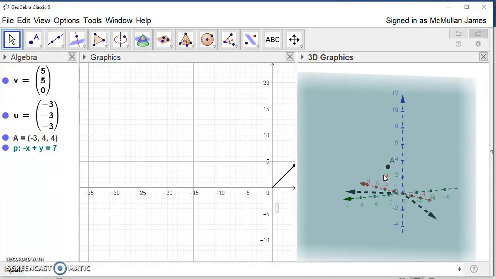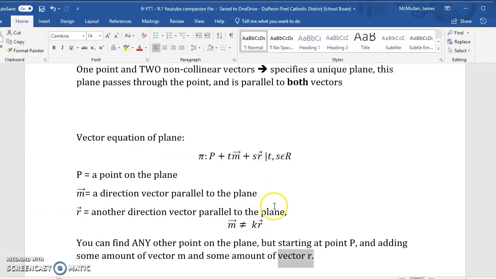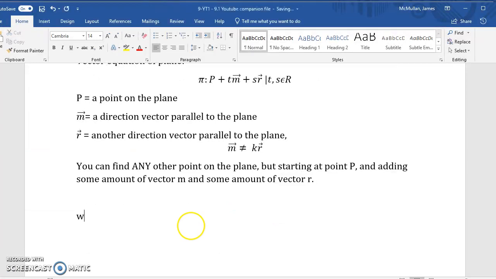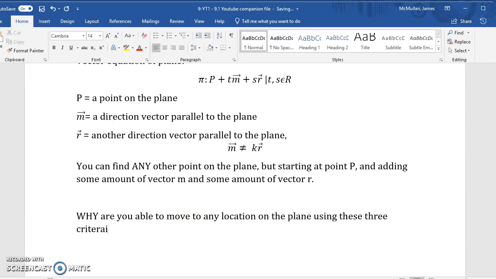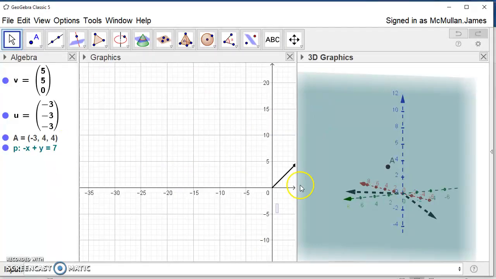This is a bit of a difficult thing to understand, but I want you to try and think this over. Why are you able to move to any location on the plane using these three criteria? Okay, and I think a good demonstration of this is, let's simplify a little bit from the planes in 3D for a moment and talk instead about a 2D plane.